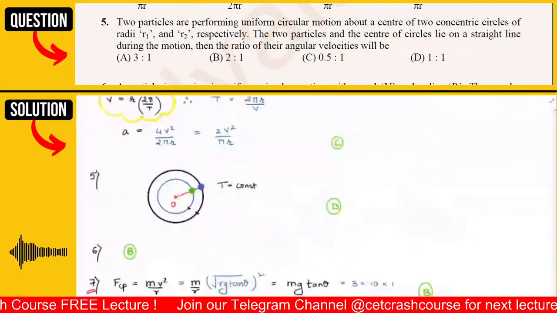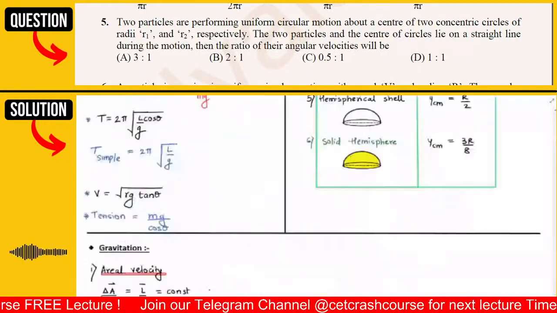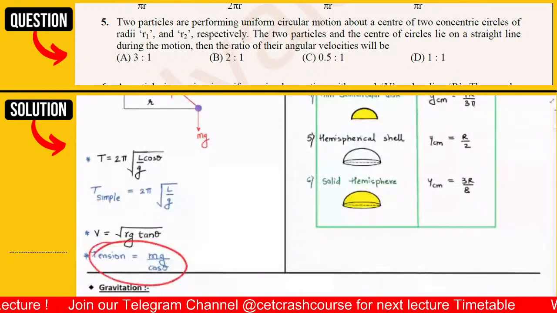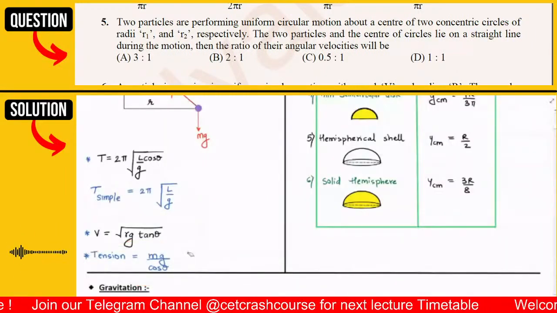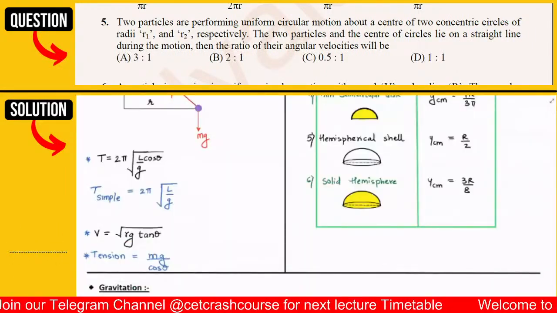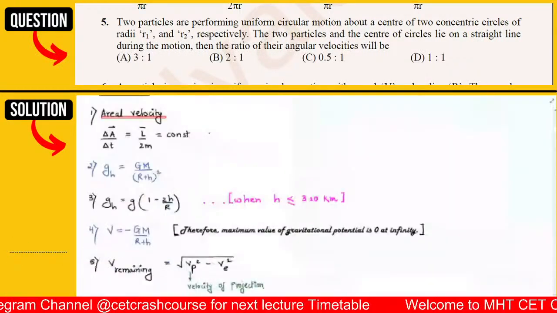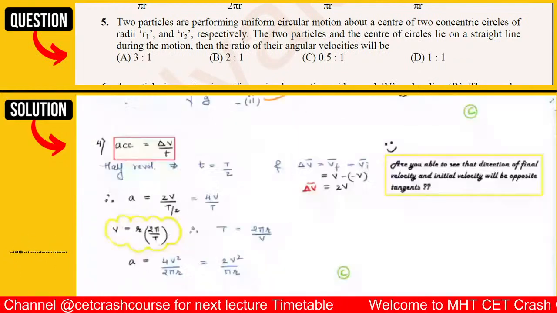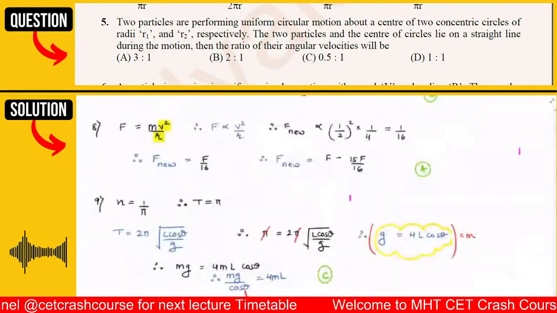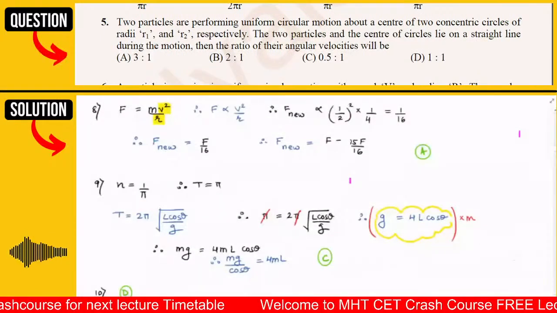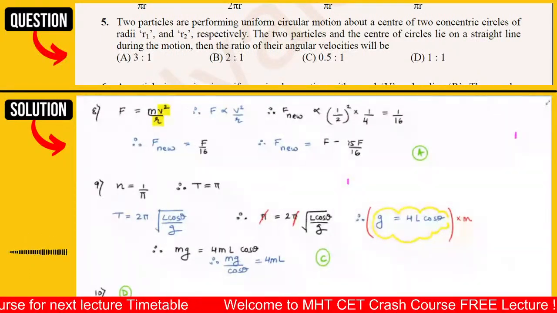In today's lecture only, look at this formula, beta. Tension is mg upon cos theta. We have revised this in today's lecture itself. So we can write mg upon cos theta, which is tension, as 4 ml. The answer is third option.